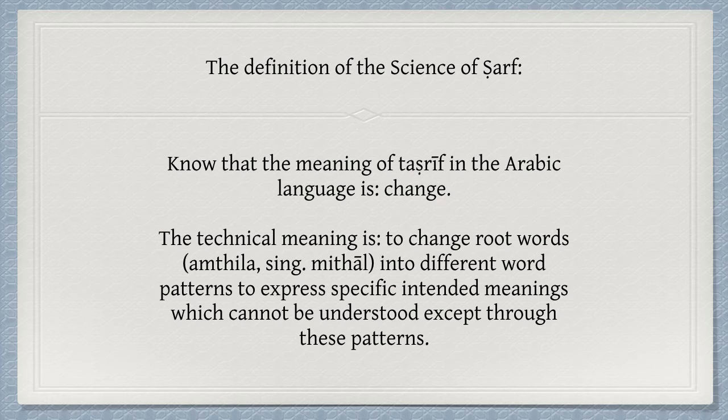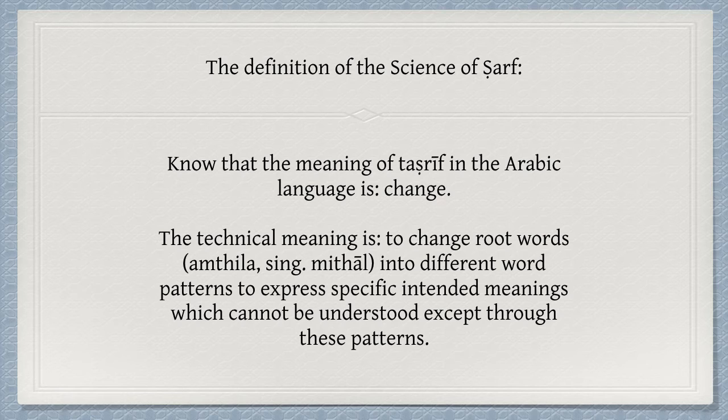So he says to change root words, so these amthila, into different word patterns to express specific intended meanings which cannot be understood except through these patterns. And so he's put a lot into this. So basically what we can understand is, with the science of sarf, firstly you're going to change root words.